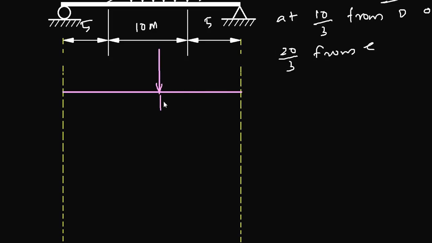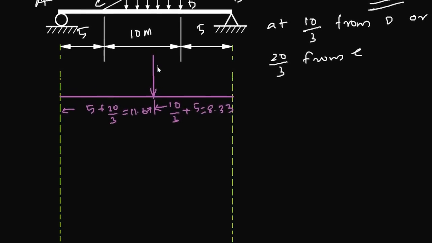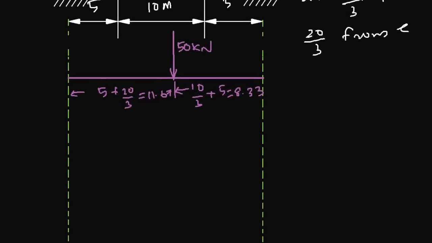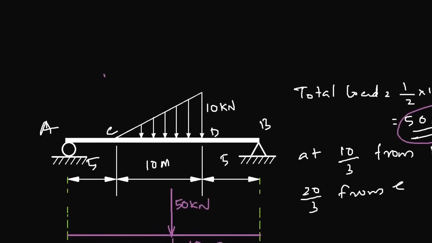So this distance will be 10 by 3 plus 5, and this distance will be 5 plus 20 by 3, which will be, as 10 by 3 is 3.33, 8.33, and the total distance is 20, so the other distance is 20 minus 8.33, which is 11.67, and the magnitude of this load is 50 kilonewton, which we calculated as the total load of that force system.